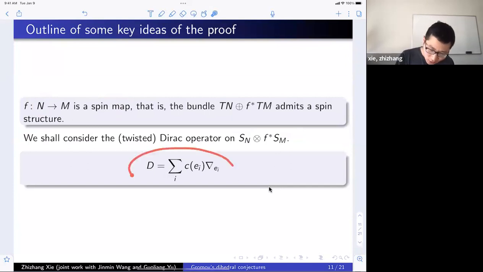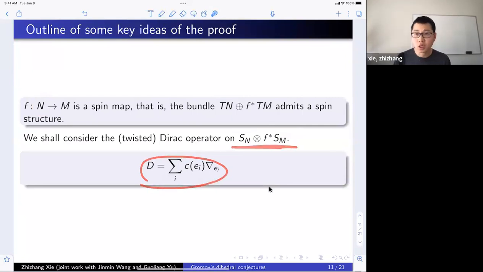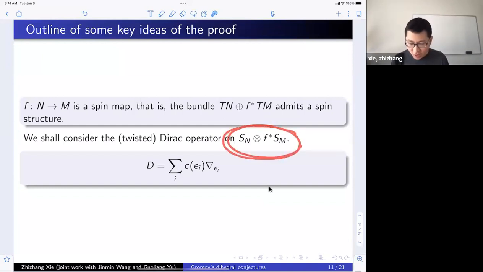So we're going to study the so-called twisted Dirac operator, which means the Dirac operator associated to this bundle here. I guess probably everyone in this audience is familiar with these techniques: in the case when M and N are exactly the same and N is a spin manifold, this operator is exactly the de Rham operator on the manifold.